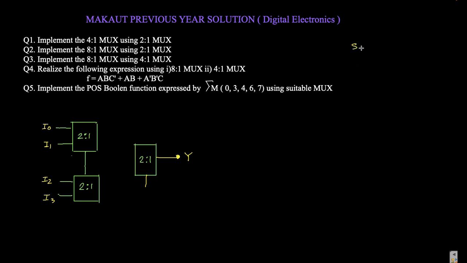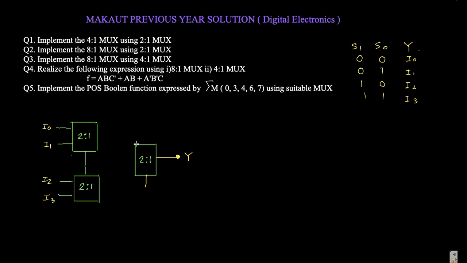So S1 and S0 are the select lines, and depending upon that we get the output Y. What are the possible combinations? 0 0, 0 1, 1 0 and 1 1. For these we get I0, then I1, then I2 and I3. It means when S1 and S0 are both 0, we get I0 as output. For 0 1, it becomes I1, like this.